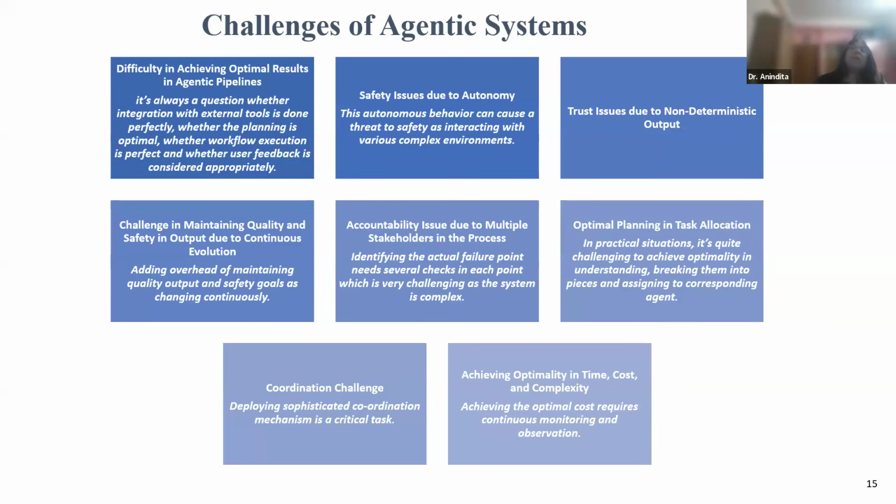The planning module we have seen, but again, we have to depend on the LLM for that. So how will we understand the planning is optimal? That is also a challenge in the agentic system. Coordination challenge: deploying a sophisticated coordination mechanism is a critical task. Achieving optimality in time, cost, and complexity. Achieving the optimal cost requires continuous monitoring and these things. So these are the different challenges of the agentic system.